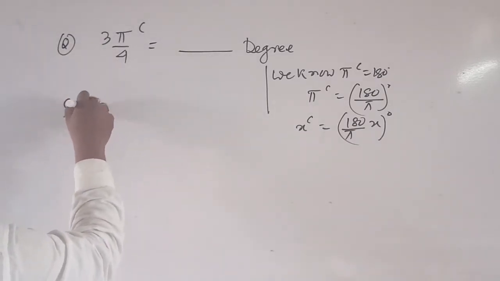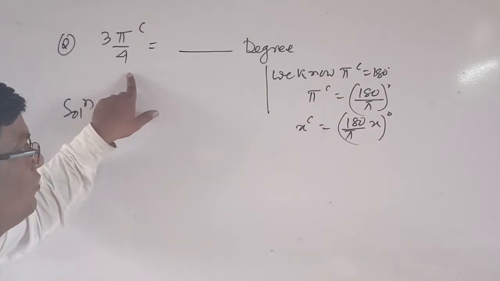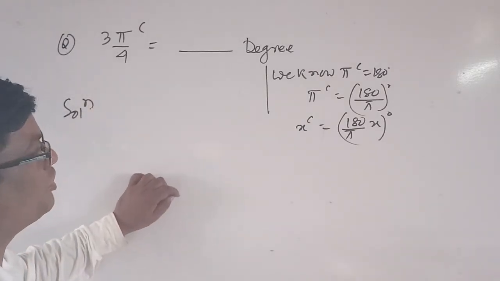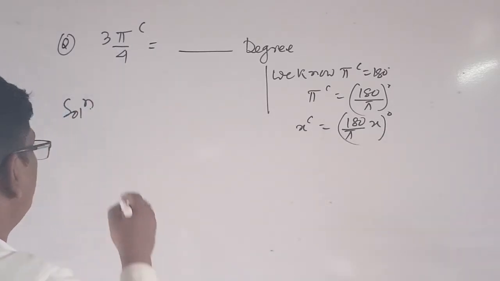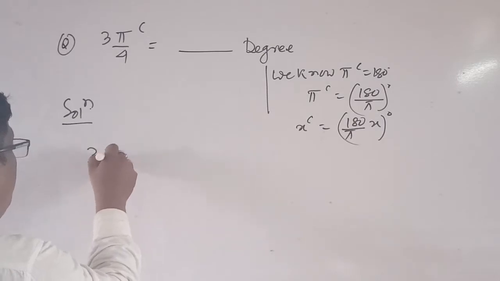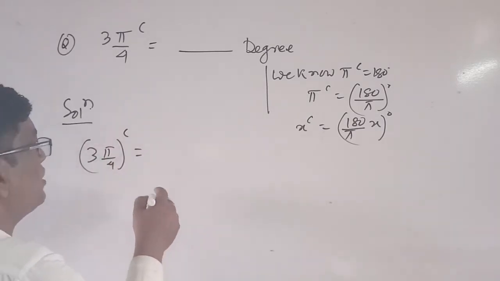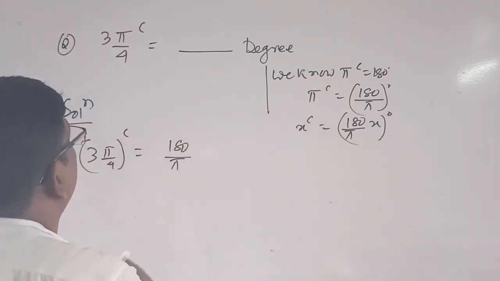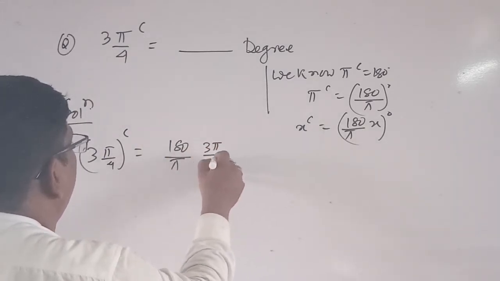Solution: if the system is in radian system and we have to convert into degree system, then multiply by 180 by pi. Solution: 3 pi by 4 radian is equal to 180 by pi into x. X means 3 pi by 4.